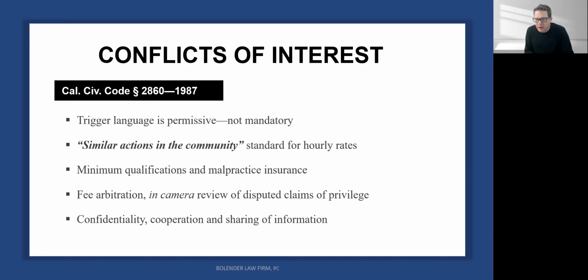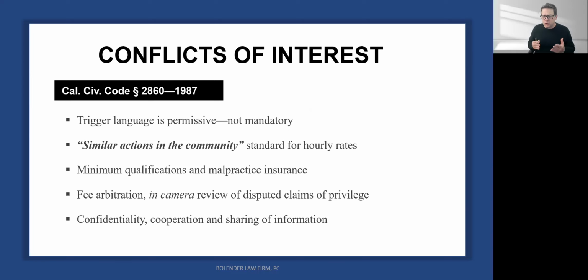At any rate, it codified the basic Cumis rule, and it clarified and limited the basic holding in Cumis concerning when a disqualifying conflict arises. We'll see that in a few minutes here. Now, it also gave insurance companies important rights, and it also protected the policyholder here, okay?